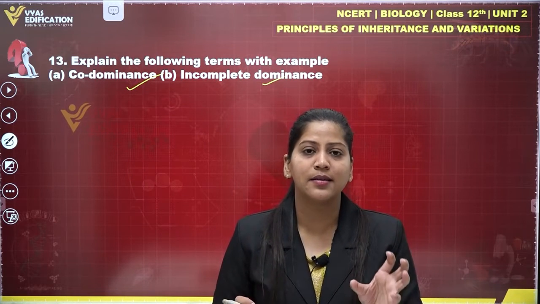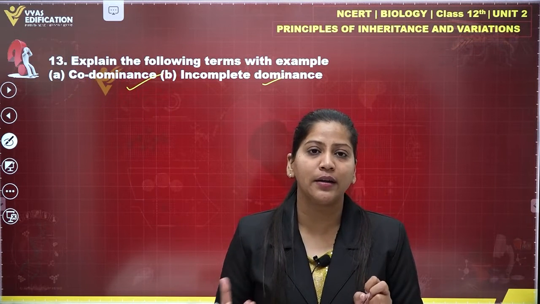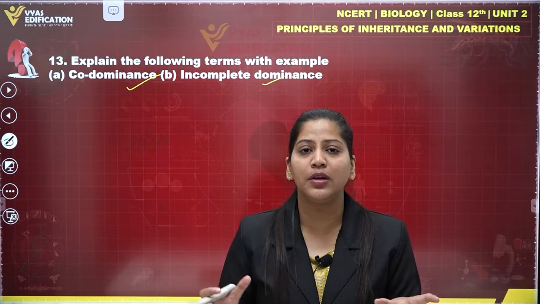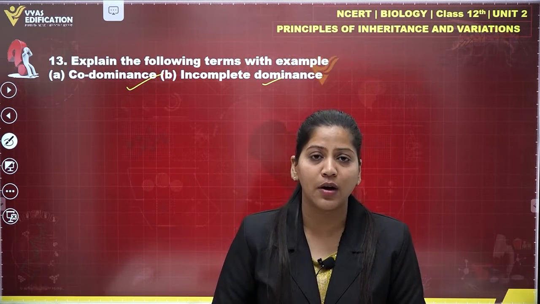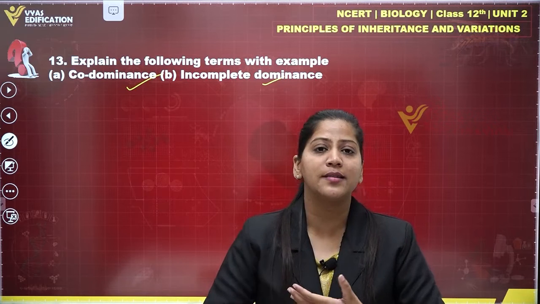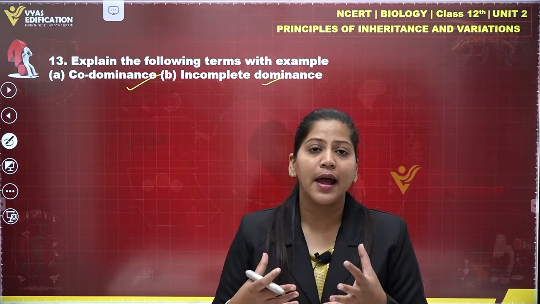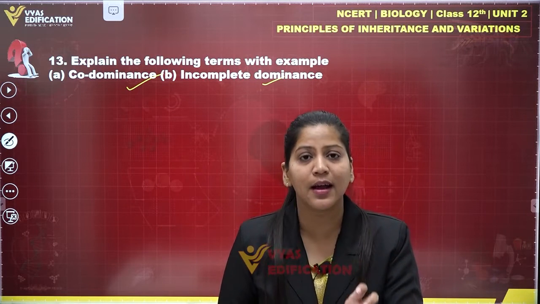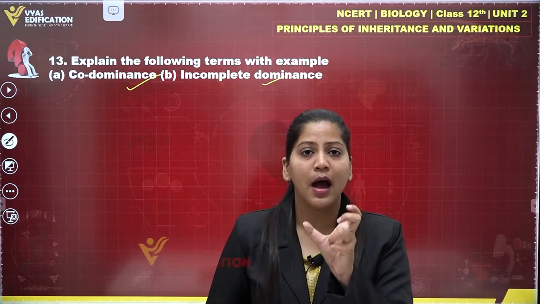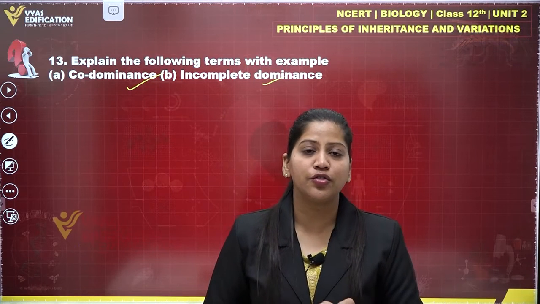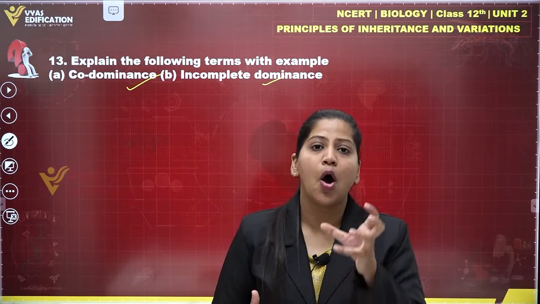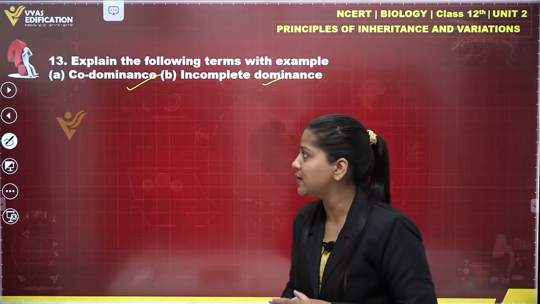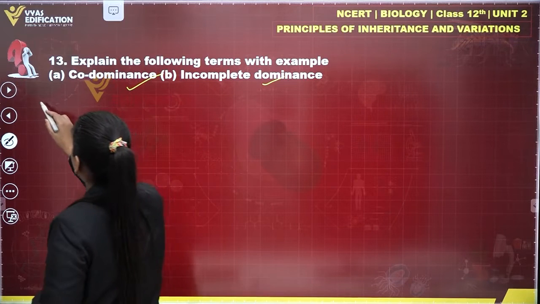But in the F1 generation, all the progeny have pink colored flowers, because the alleles are not expressed as dominant or recessive. They express themselves partially. The result found in the F1 hybrids is intermediate between their parental genes. So now we are going to write answer 13.